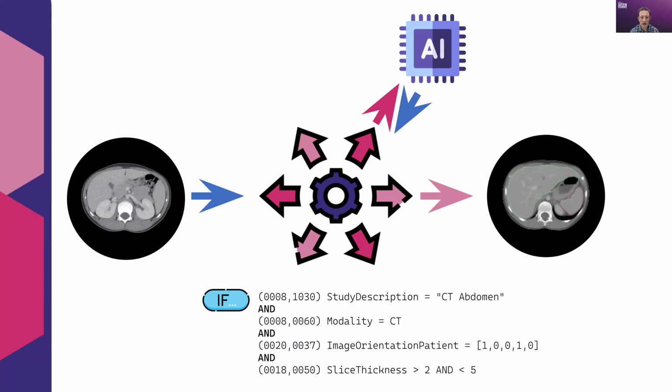It could say, if there is a study description of a certain type with a modality of a certain type and an orientation of the patient and a slice thickness, send that information to an AI platform, have the AI do its thing and send it back to the router. And then when the router receives it, send that final result back to the imaging management system.